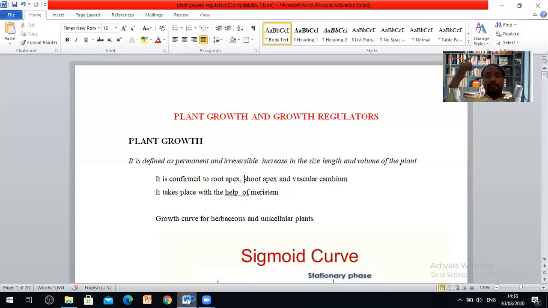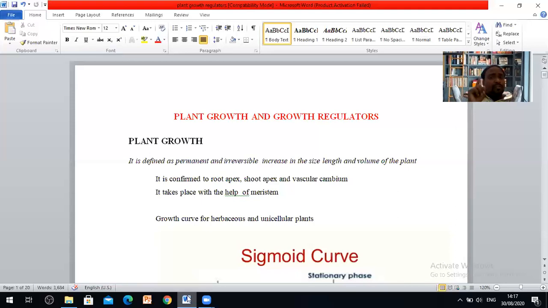At the shoot apex, the apical meristem is there. At the root apex, there also exists an apical meristem, and at the cambium, there is the vascular cambium. In the cambium there exists the lateral meristem, by which the size or radius of the stem of that plant is increased.